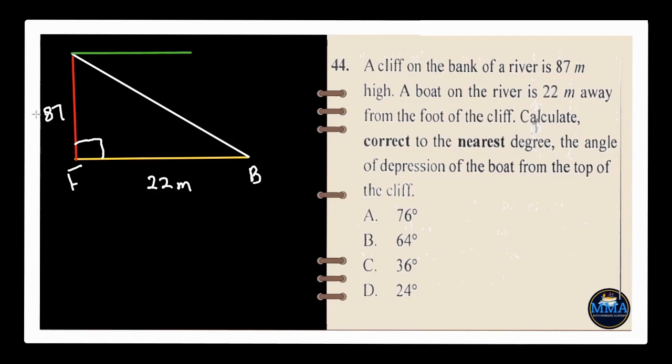So when we say angle of depression, we are actually looking at this angle here. And let's call it letter Y. That will be alternate to this. So we are looking for this Y.